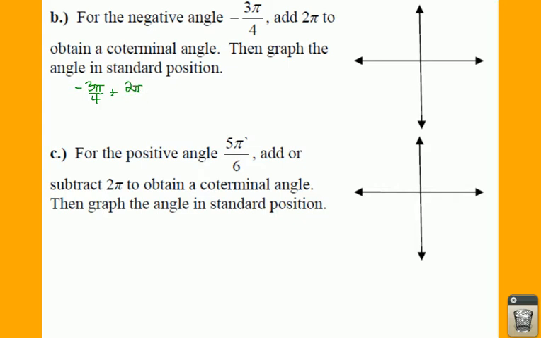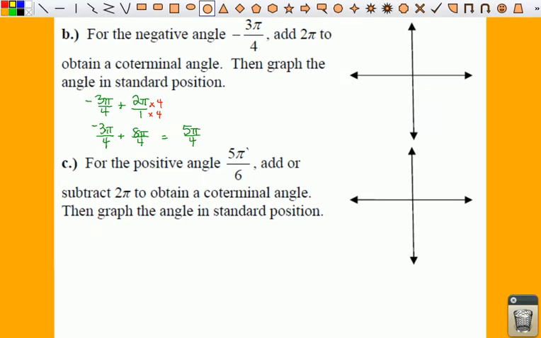This is over 1, so you need a common denominator, which is going to be 4. Multiply top by 4, and you get negative 3 pi over 4 plus 8 pi over 4, which is 5 pi over 4.